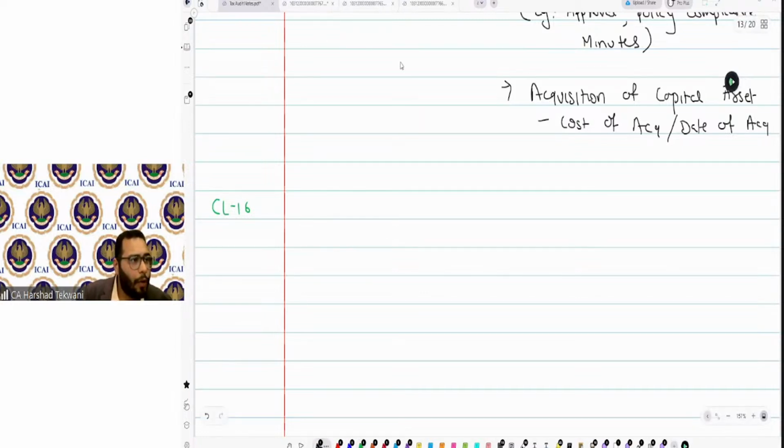So what is clause 16? Clause 16 is a series of subclauses where you report amounts not credited to the profit and loss account.